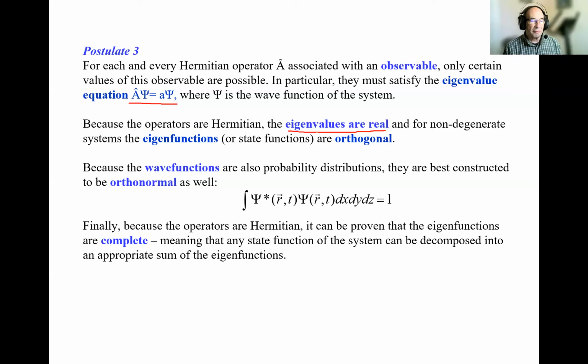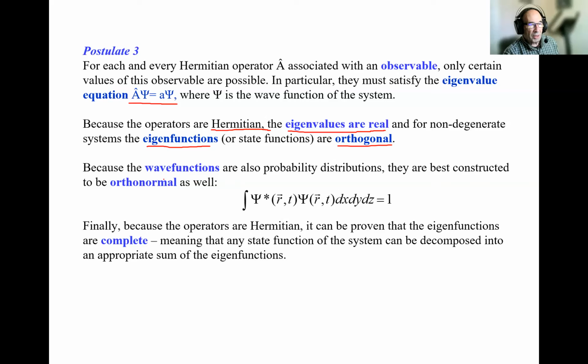Therefore it's important that the operator representing our system is Hermitian. Also, for a so-called non-degenerate system, eigenfunctions are orthogonal. That means that when we take an integral of the complex conjugate multiplied by the wave function and integrate it over the whole space, it is equal to 0. So the eigenfunctions of these operators are orthogonal to each other.